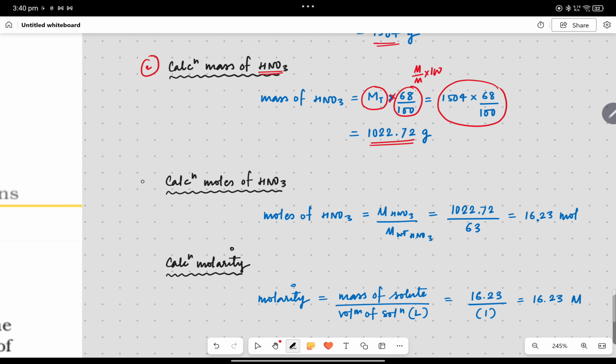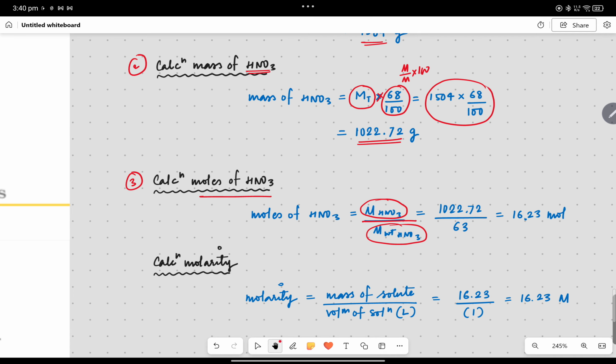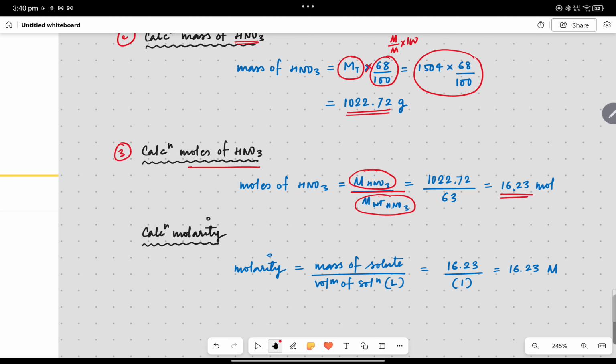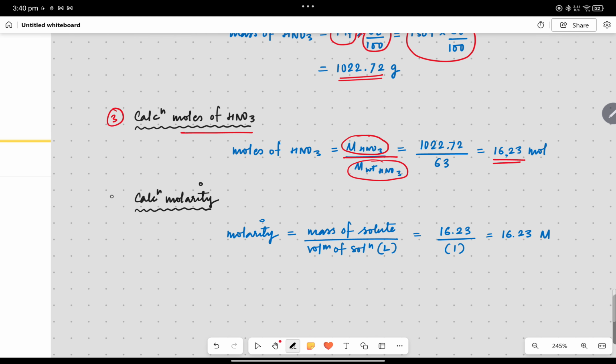And after calculating that, in the third step you calculate the moles of HNO3, because you now know the mass of HNO3. So the mass of HNO3 divided by the molecular weight of HNO3 is the formula for number of moles, and that will give you 16.23 moles of HNO3 present in 1 liter of solution. And now you can calculate the last step, that is molarity.